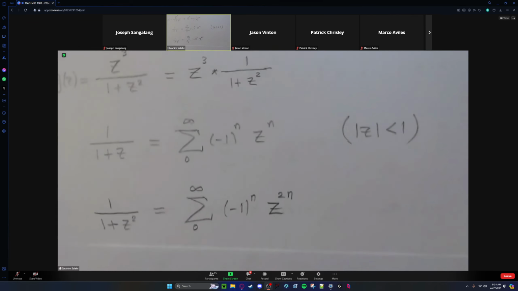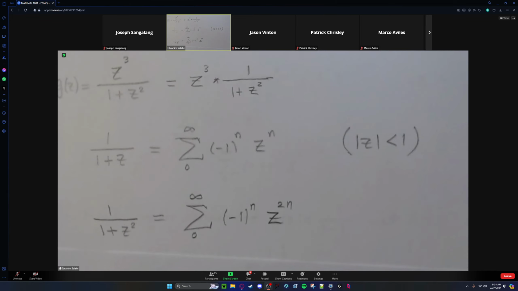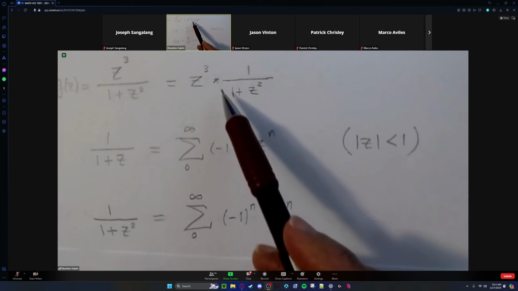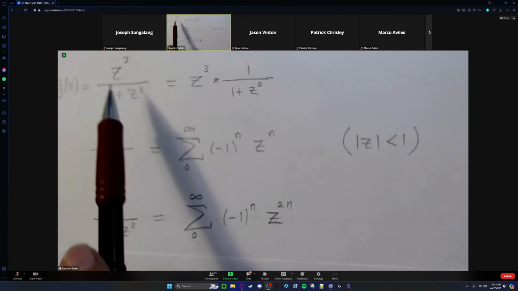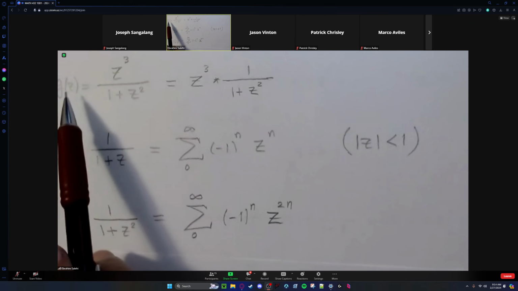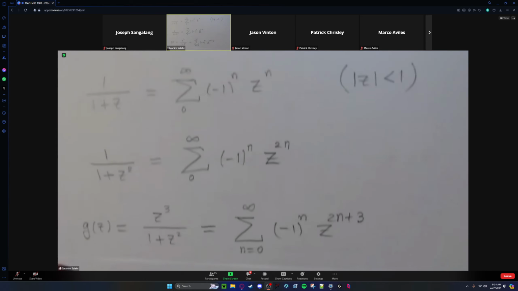You get this one. So after having this portion in powers of z, now you multiply by z cubed, and you get g of z. So g of z is right here.